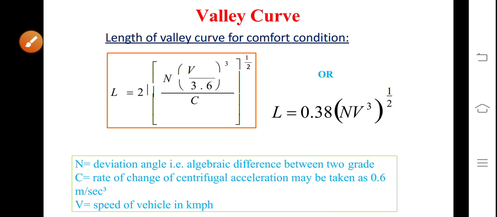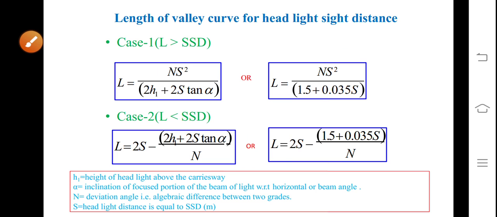Everything I have explained. Length of valley curve for headlight sight distance: while calculating the valley curve, we have to consider two cases. One for comfort condition, because usually in the upward gradient, for example, when you are climbing the hill, you will lose energy and you will be thirsty, you will be tired, but you will not have any fearness to fall down.